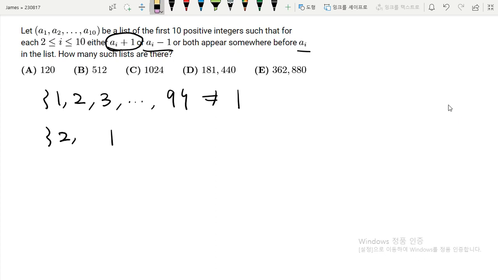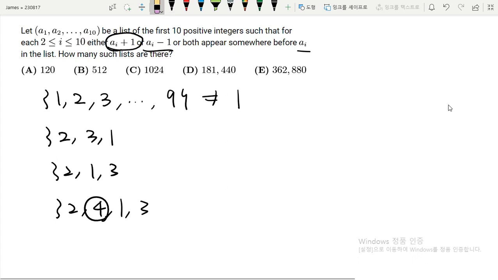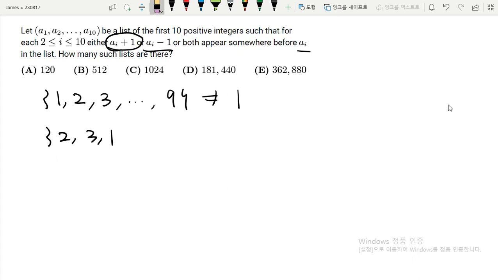So this is possible, or this is possible, but the important thing is this type of arrangement is not possible, because in the case of 4, if 4 appears, 3 should appear before 4. So there is freedom only for 1.